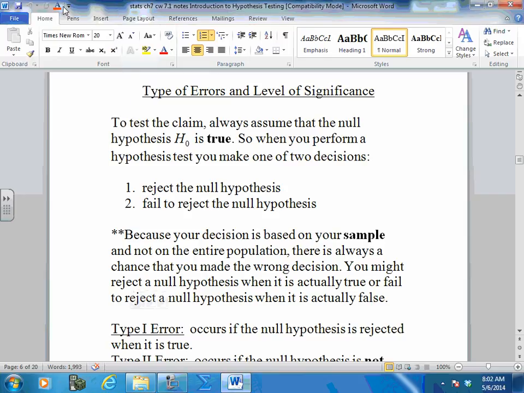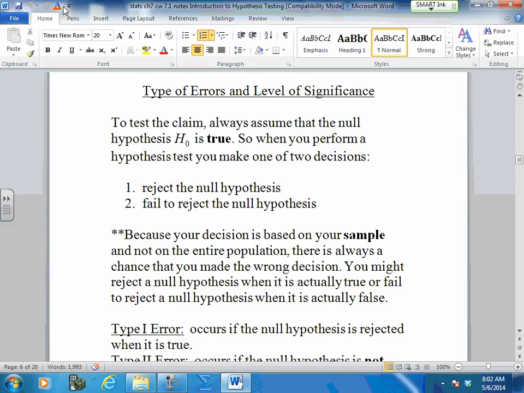Okay. Today we're going to talk about type 1 and type 2 errors and maybe hit the level of significance. I'm not sure how far we'll get with that. So I am on page 335. You're going to find when you test a claim, we're always going to assume that the null, the H0, is true.